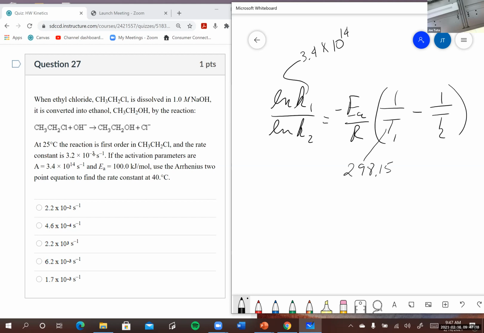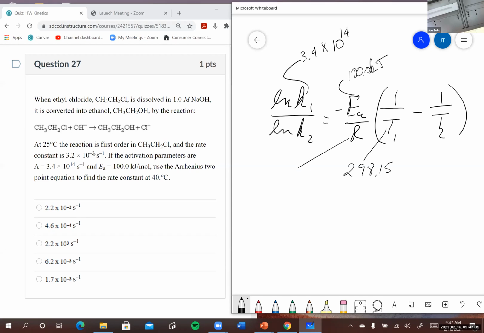That's 25 degrees. The K2 is what they want to know. The activation barrier is 100 kilojoules.